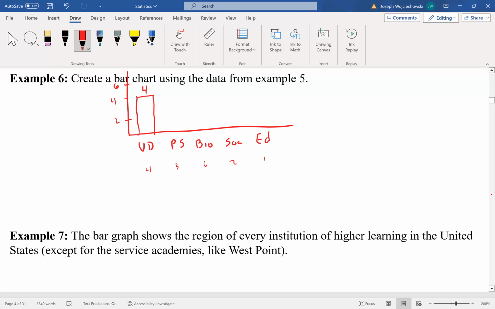Typically, to cut back on confusion, I put the frequency above. I don't have to, but it is helpful. Here we had political science with 3. Here we had biology with 6. Here we had social science with 2. And here we had ed with 1. And there we are.